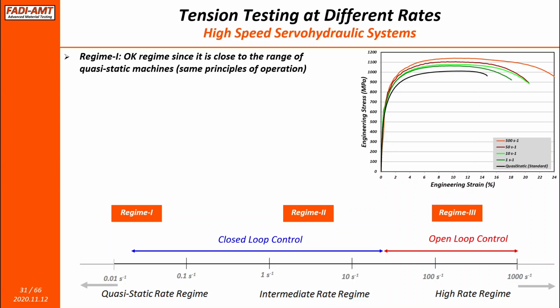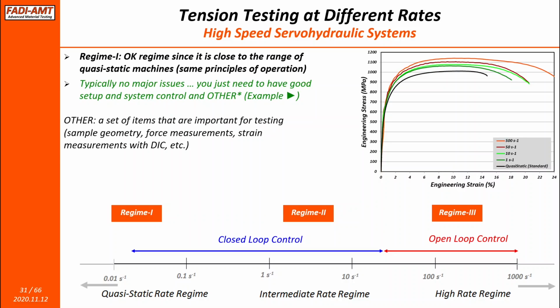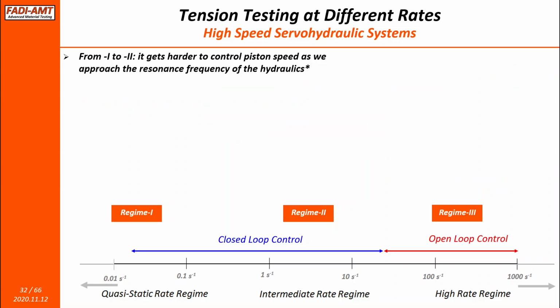So you will get good curves, just like the ones that I'm showing on the right-hand side. We just say you have to take care of the typical items you take care of in a normal tension test: your sample, your load train, force measurement, and if you're using DIC, of course, take care of it just like you do in a quasi-static test.